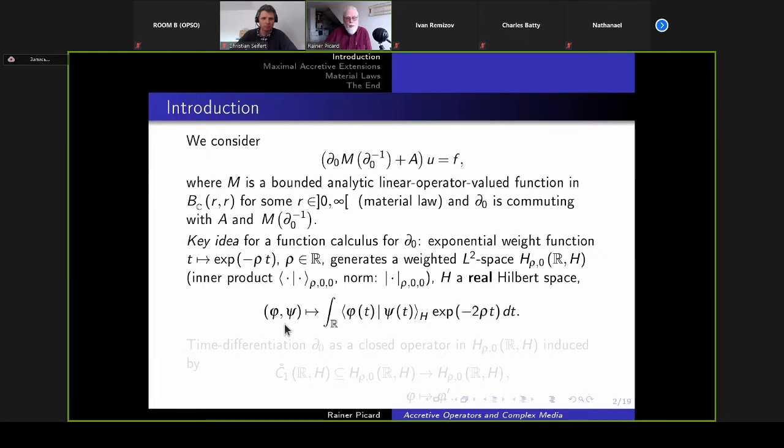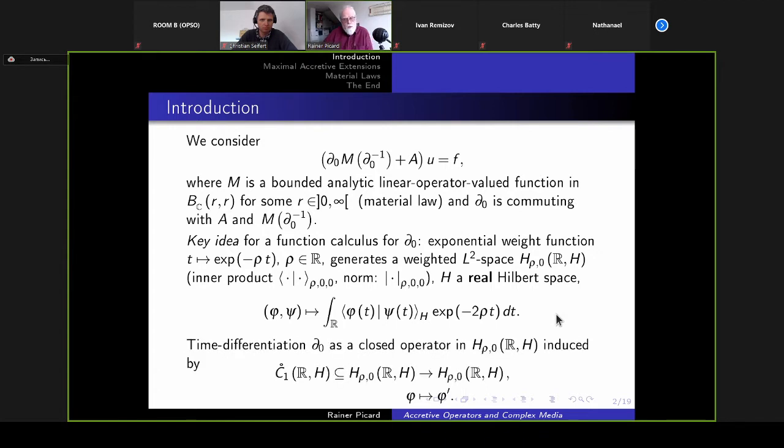The inner product, by the way, is this here. So we're multiplying pointwise in H the two factors, and then here is the exponential weight squared to integrate the whole thing. That's the underlying space structure, which allows us to get a function calculus for D0.